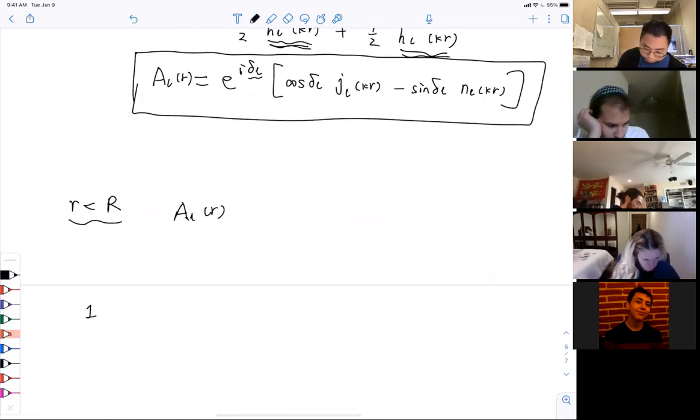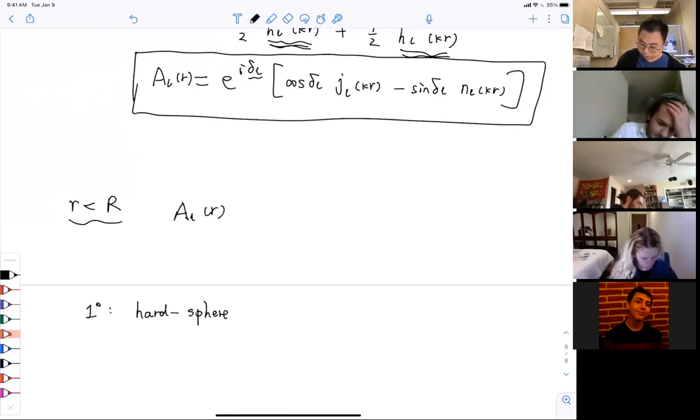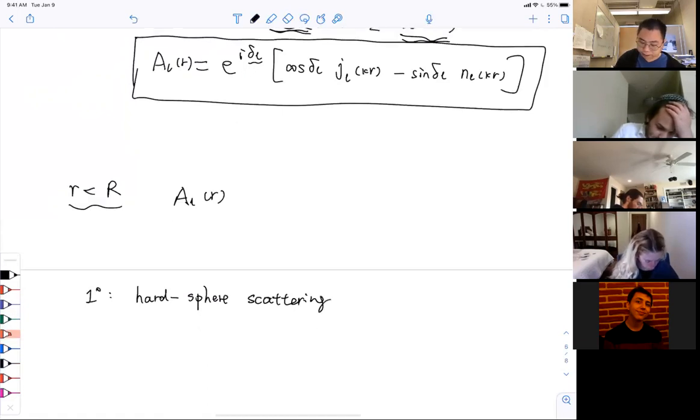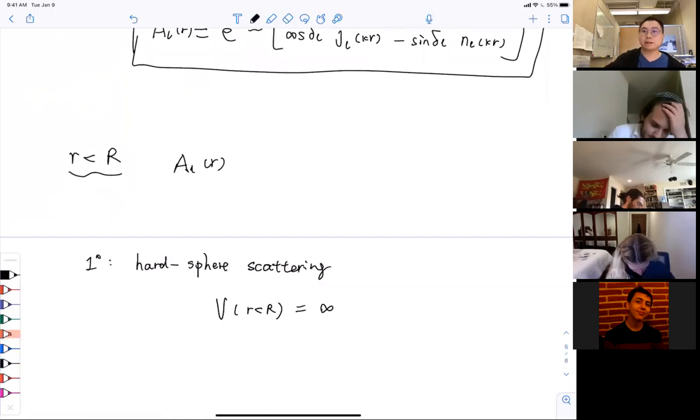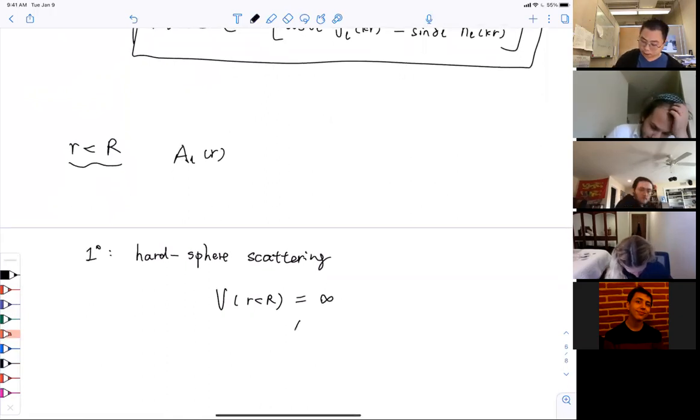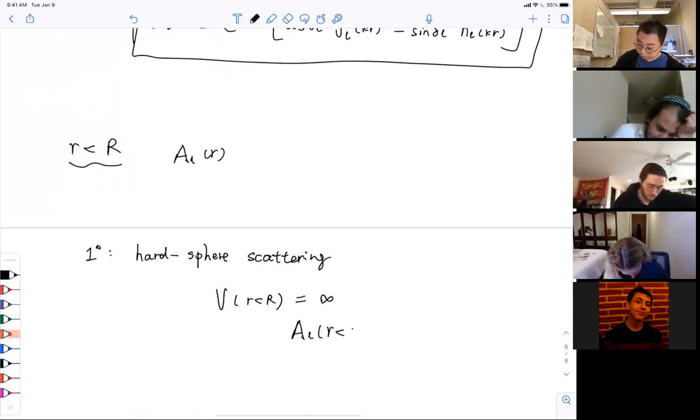Let's look at a most trivial case, which is known as the hard sphere scattering, meaning that the potential inside the capital R is infinity. That tells us AL is 0, right?